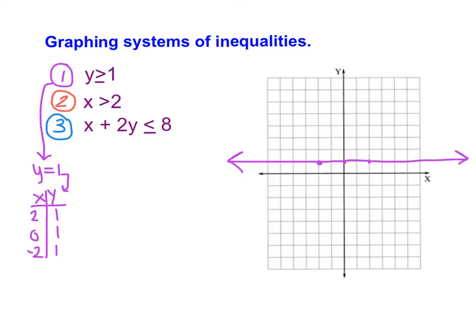In this particular inequality, I want to shade where all of the y values of the points are greater than or equal to 1. And what I see here is that greater than or equal to 1 are all of these points above the line. Here's where y is between 1 and 2, 2 and 3, 3 and 4. So all of these points upwards have y values that are greater than or equal to 1.